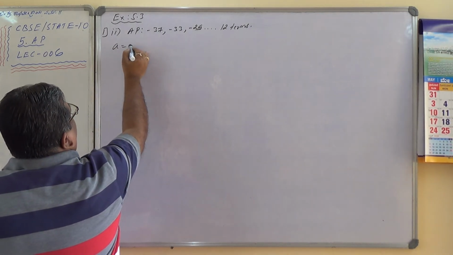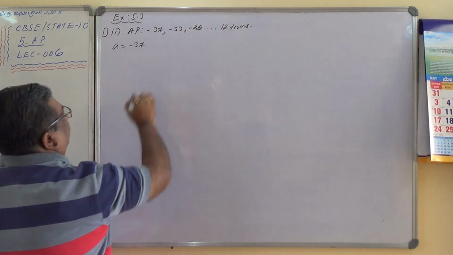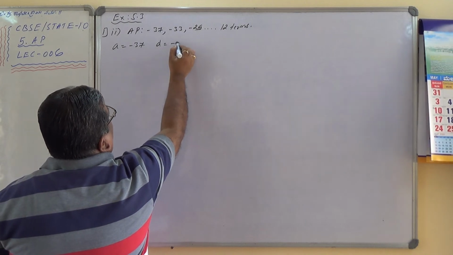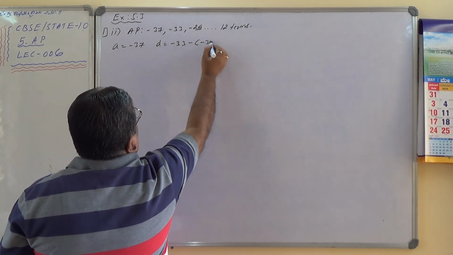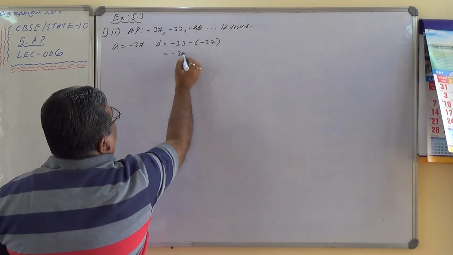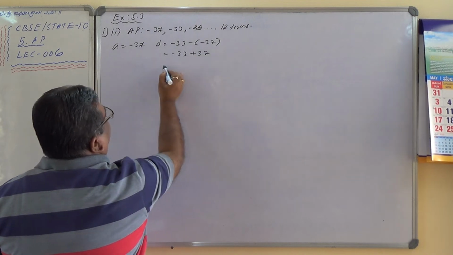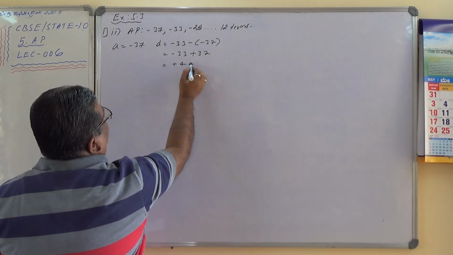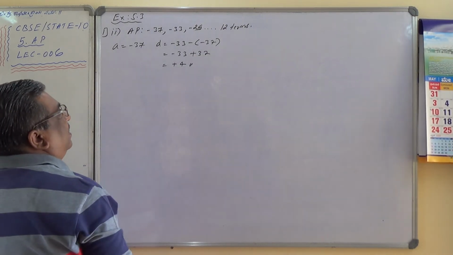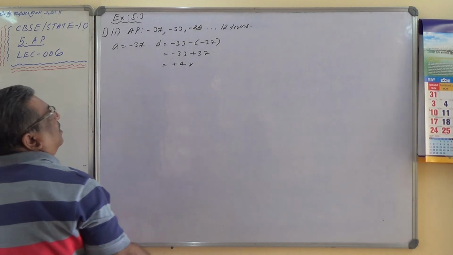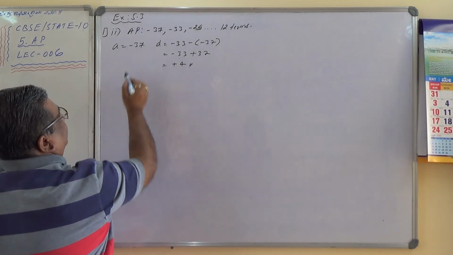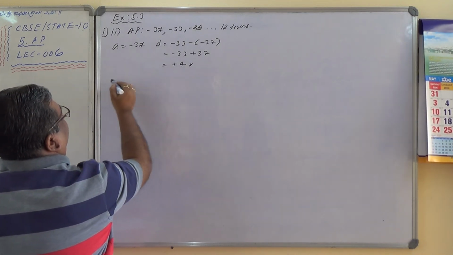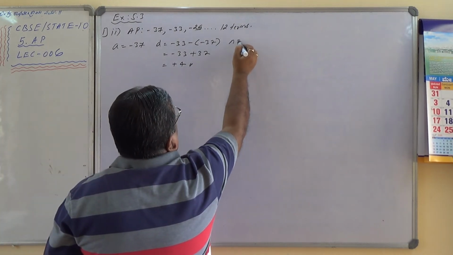So a equals minus 37, d equals minus 33 minus of minus 37, minus 33 plus 37, which is plus 4. So I have got a is minus 37, d is equal to 4, and n is equal to 12 terms.